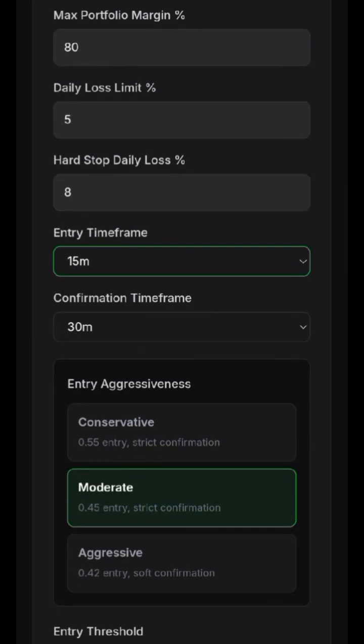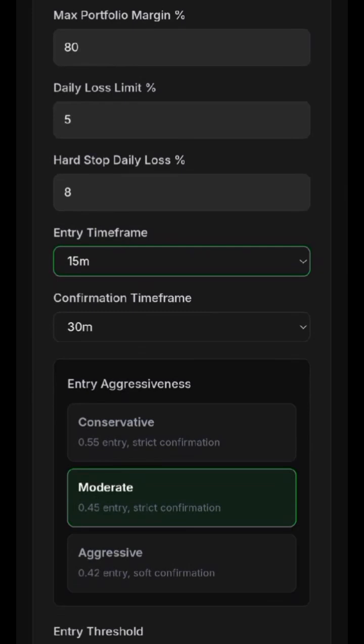And then entry aggressiveness, this is the score. This is how the bot scores the signal. All right, so if the signal is strong enough, the bot will be expecting something from 45% and above. So when you choose moderate, it means that the bot confidence on the trade is 45%. The bot is saying, I am 45% confident that this trade is going to close in profit before entering the trade.